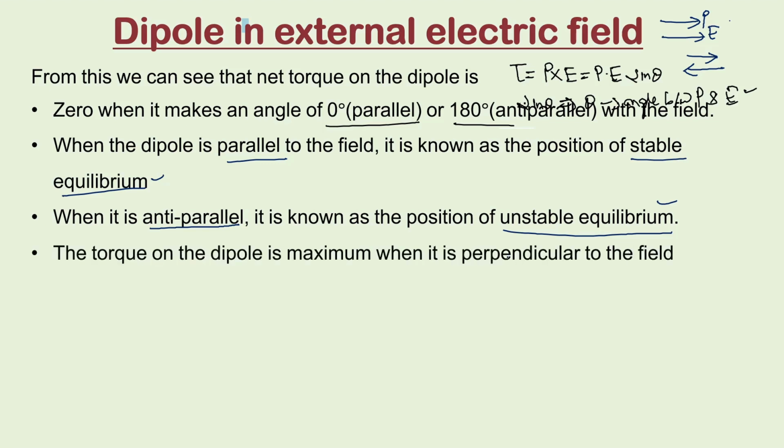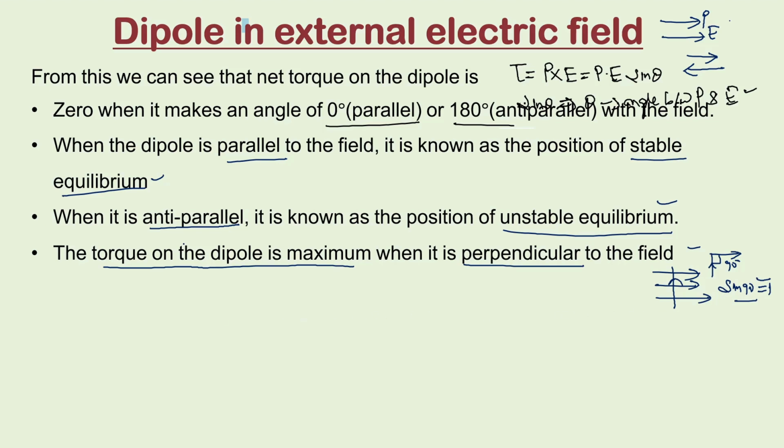And lastly, we have seen that torque will be maximum when field and dipole moment are perpendicular to each other. Like the field is in this direction and our dipole moment is in this direction, so the angle between them is 90 degrees. So sin 90 is 1, and in this case the torque will be maximum.